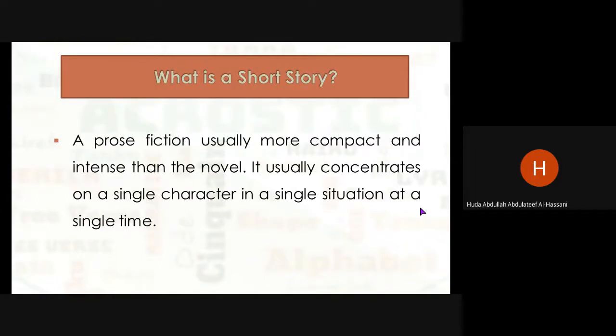It usually concentrates on a single character in a single situation at a single time. It is different from a novel because it is short. It has only one plot. It concentrates only on a single character, one hero, one protagonist, and single situation.